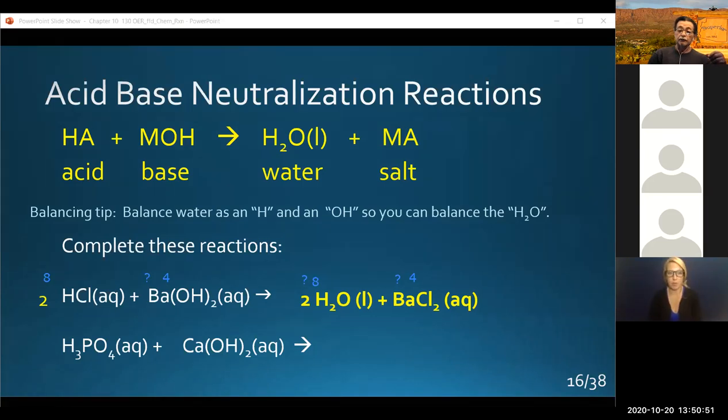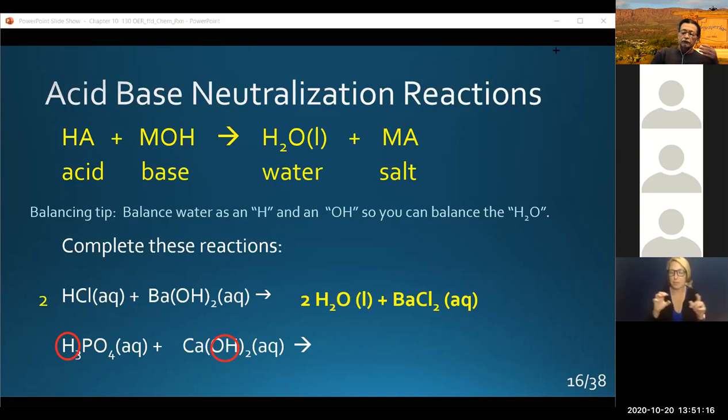Okay, now here's another one for you. Let's clear this out. Okay, acid-base reaction. How do I know that? Well, like I said, 9 times out of 10, you got hydrogen written first, and then you should recognize by now the hydroxide. So I have an acid-base reaction going on.